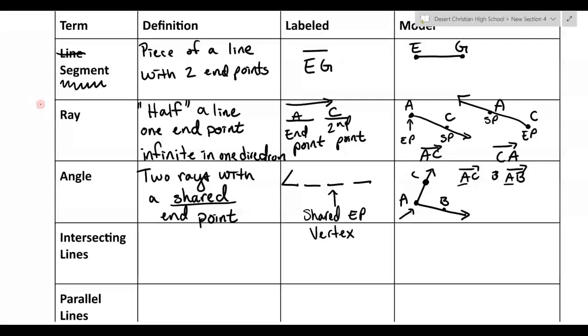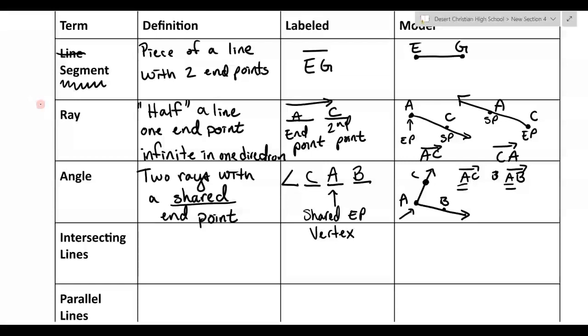So this would have to have A in the middle. Beyond that, I can do the other 2 letters in either order. I could have CAB or BAC. So there are 2 different ways to name this particular angle. But that letter in the center, if anything else is there, would be wrong. You have to have the vertex, that common endpoint of the rays, in the center of the named angle.